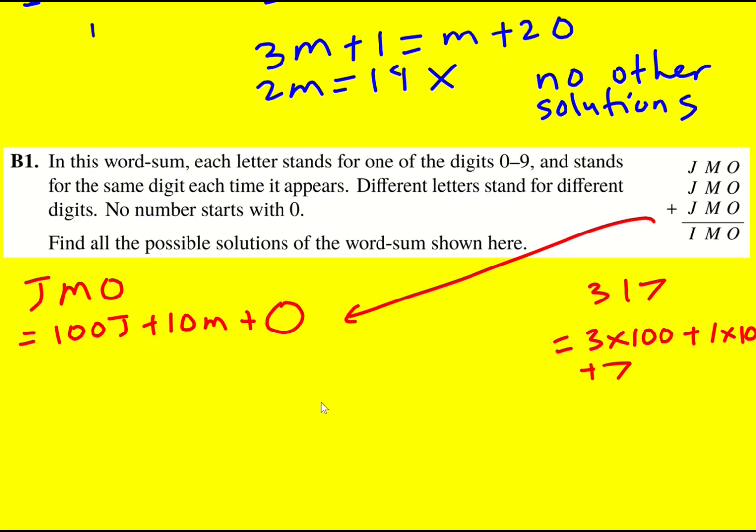And this gives, when I add all these together, 300J plus 30M plus 3O.